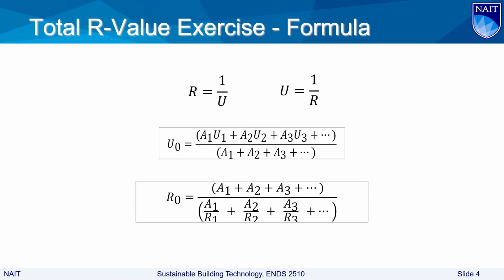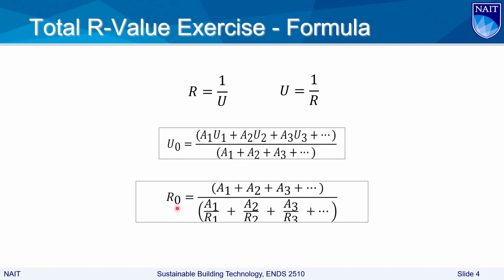Here are the formulas we are going to use for this calculation. We all know R is the reverse of U value, and obviously U value is the reverse number of the R value. This is the key formula that we always use. U0 is equal to A1 U1 plus A2 U2 plus A3 U3 and so on and so forth, as we mentioned in the previous demonstration, over the total area of the wall.